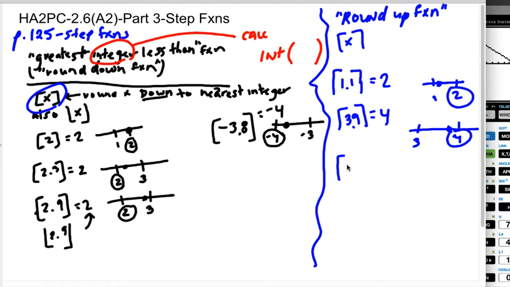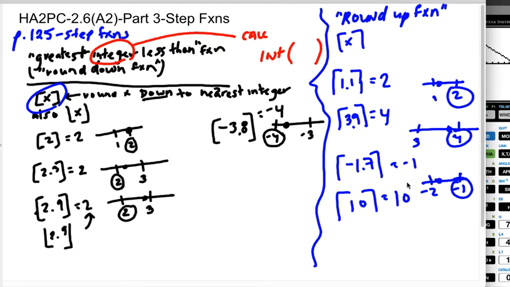If I asked you to round up, let's say, a negative 1.7, well, if you look, this is going to round up to a negative 1, because if you look where these numbers are, negative 2 is down here, negative 1, here's your 1.7. Rounding up would be rounding to the right. Remember that just like with the greatest integer less than function, if I ask you to round an integer value, it just rounds to itself because it's already rounded. It's already an integer value.